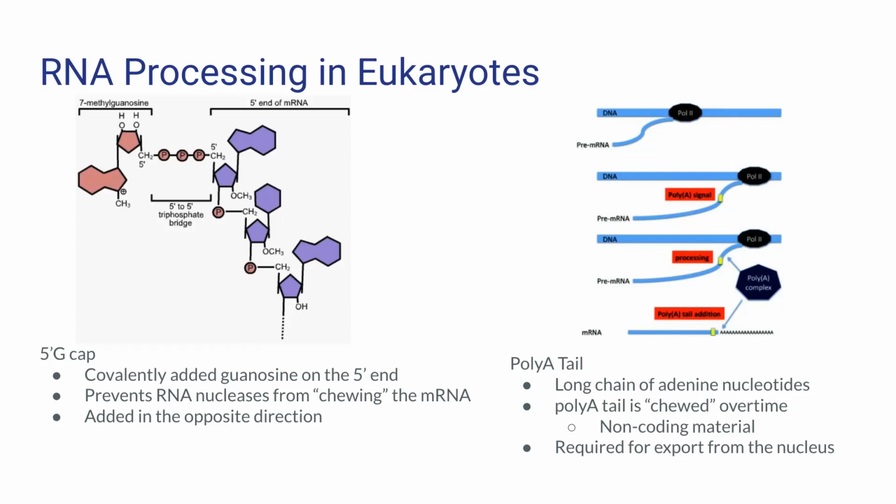The poly A tail is also required for export from the nucleus, so you can think of it as a kind of nuclear export sequence. I didn't mention this, but for the 5' G cap, it's different from the poly A tail because the way it functions is it makes the end too big for the nuclease to fit, so it can't get to the mRNA.